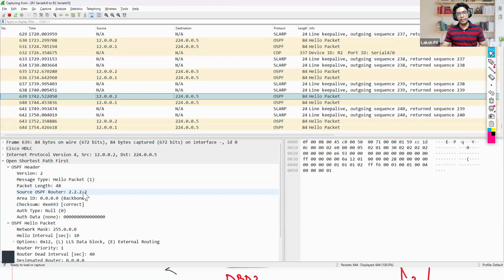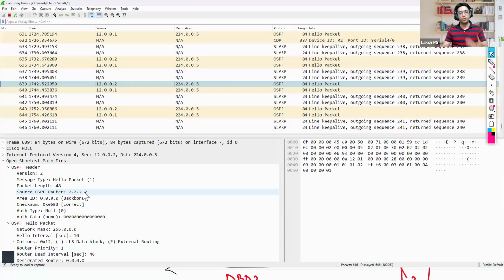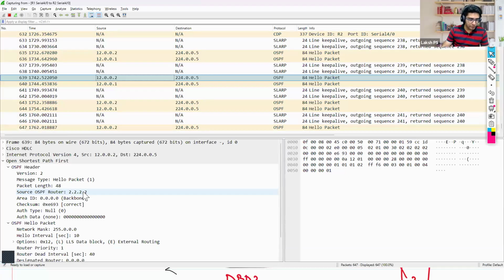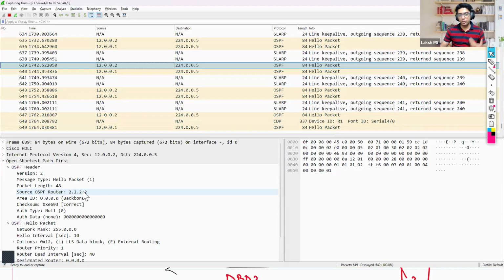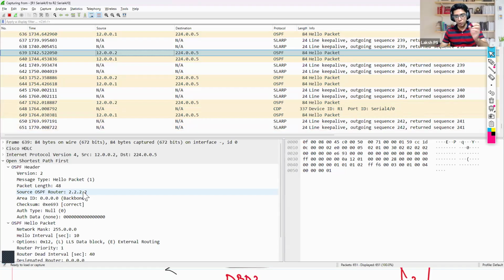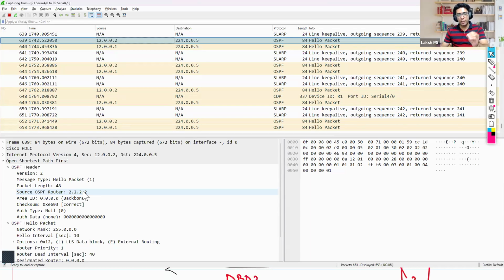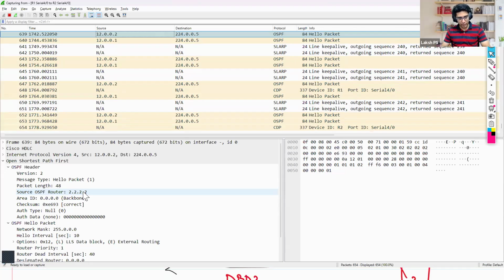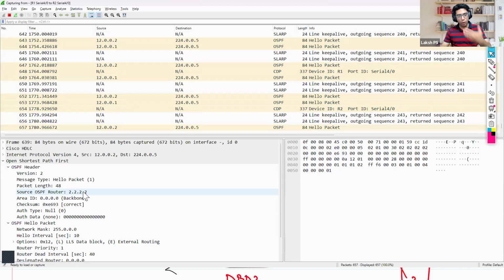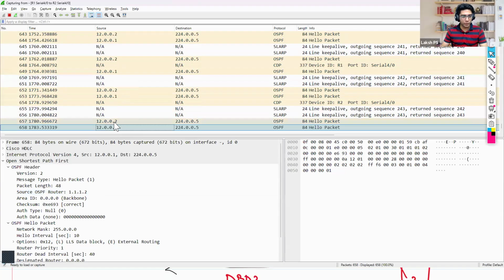So once the router ID is chosen, with that router ID only, the communication is going to happen. As I said, router ID is like a nickname. We are telling the router to choose loopback 2 as your nickname and use this nickname for all your further communications.